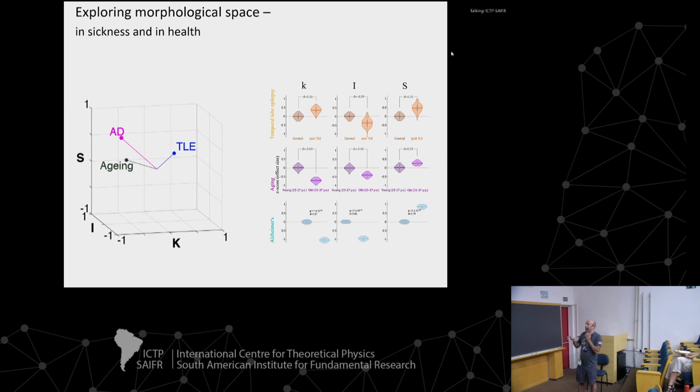And you look at the K, you see that aging and Alzheimer's look similar. Why? Because both involve the loss of axons. Both involve a white matter that's becoming less dense in terms of the fraction of volume that's composed of axons, the axon volumetric fraction. But for epilepsy, the opposite happens.